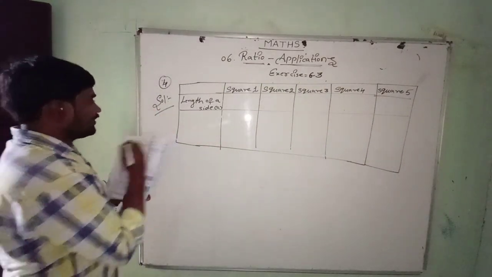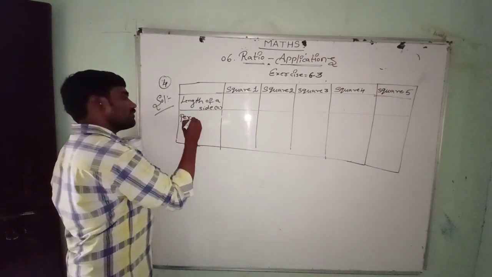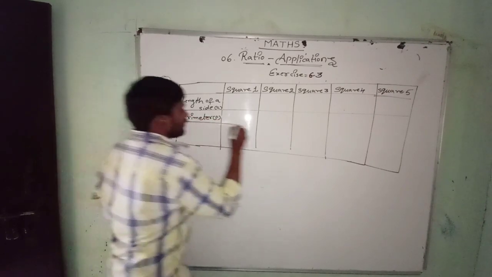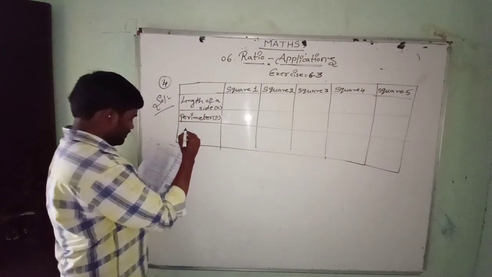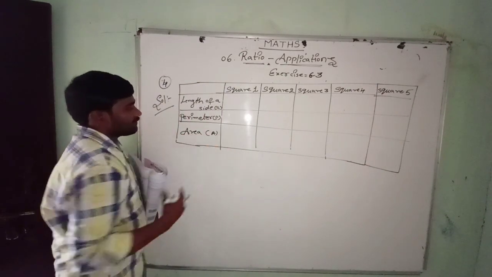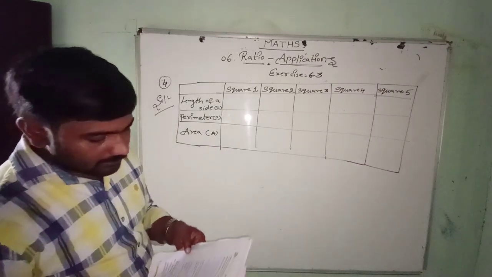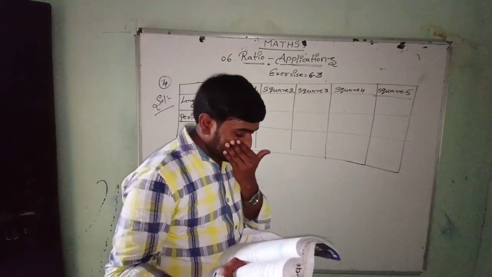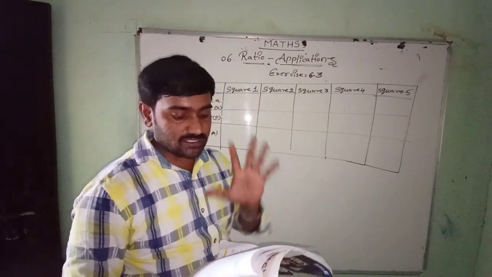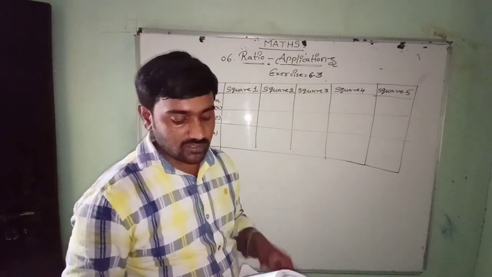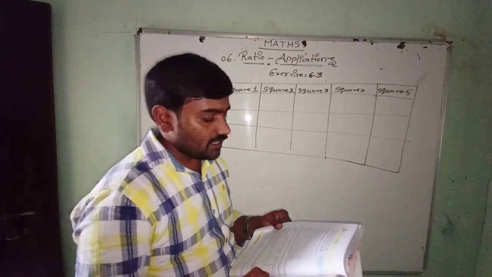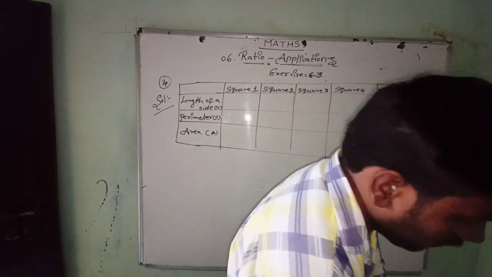Then perimeter P. Area A. On a graph paper draw 5 squares of different sizes. Write the following information in the tabular form.